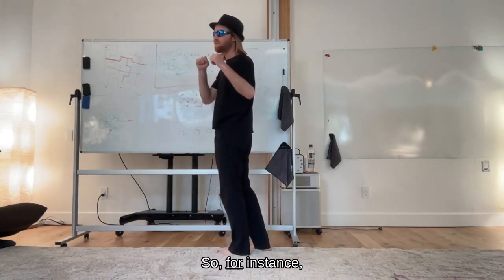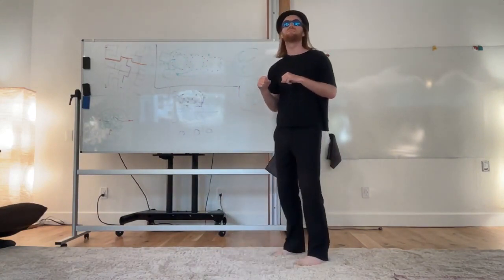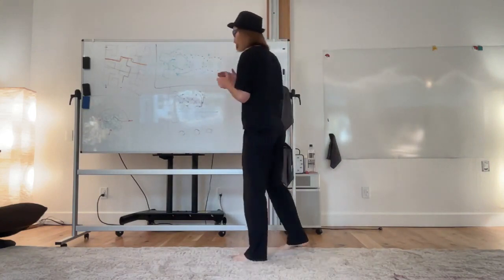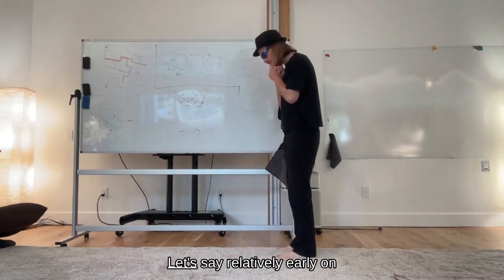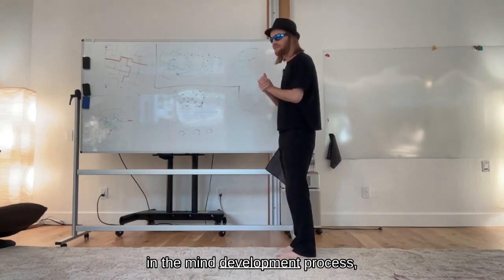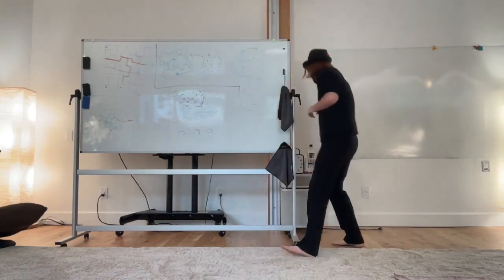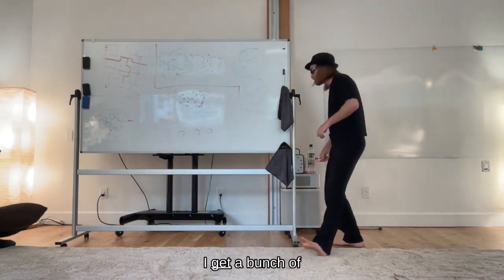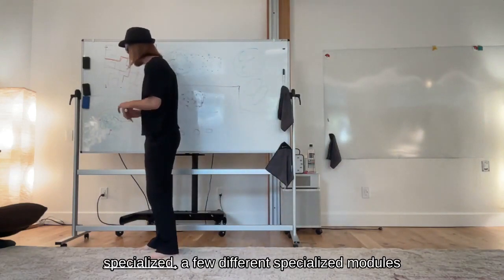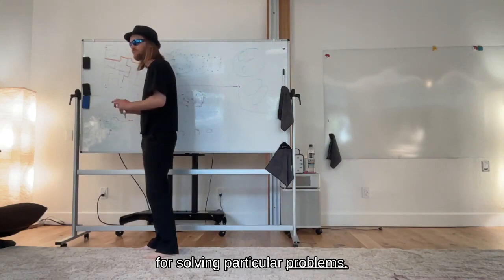So, for instance, let's say we're going to do general purpose search. Let's say relatively early on in the mind development process, whether evolutionary or within lifetime, I get a few different specialized modules for solving particular problems.